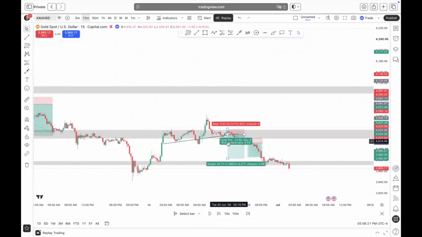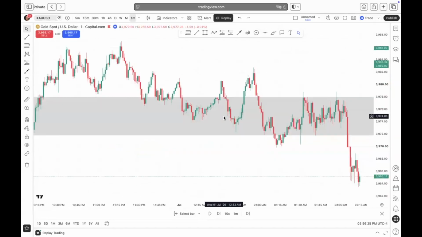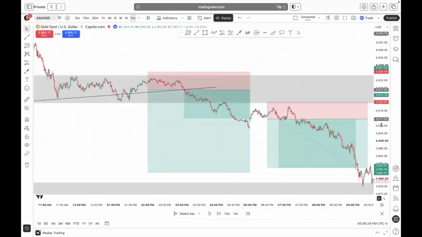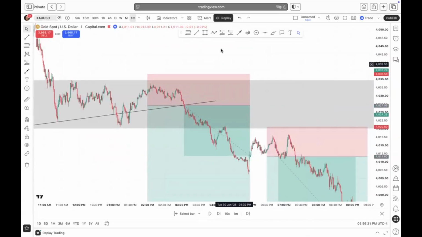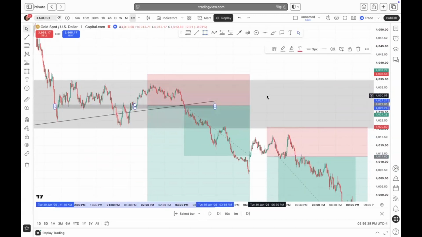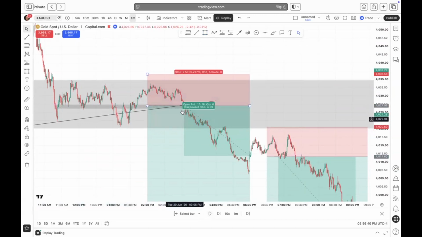Now this one, you don't really see it much on the 15-minute time frame, but if you zoom into the 1 minute, you'll see it a lot clearer. Very minor, very, very minor. It's all up in here at a zone, like something like this. And I saw that break, retest, drop.